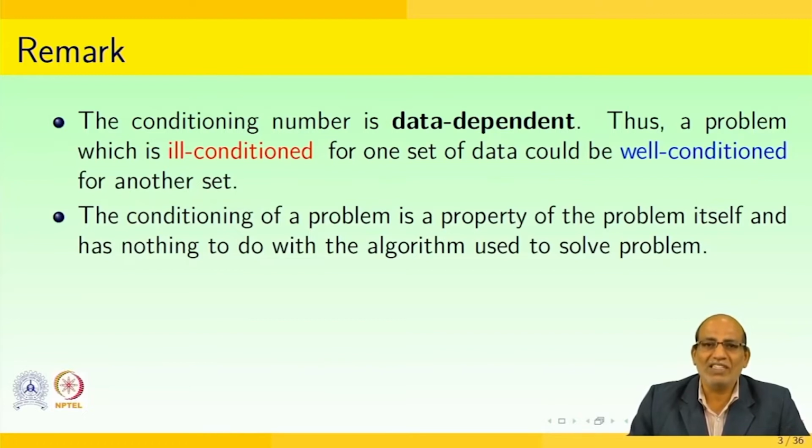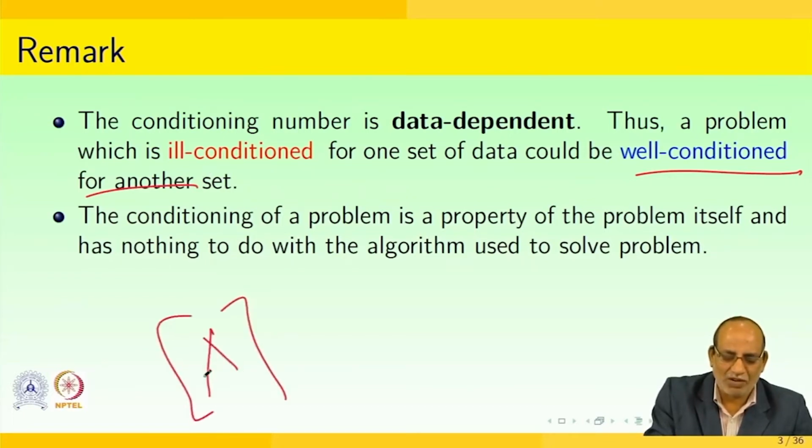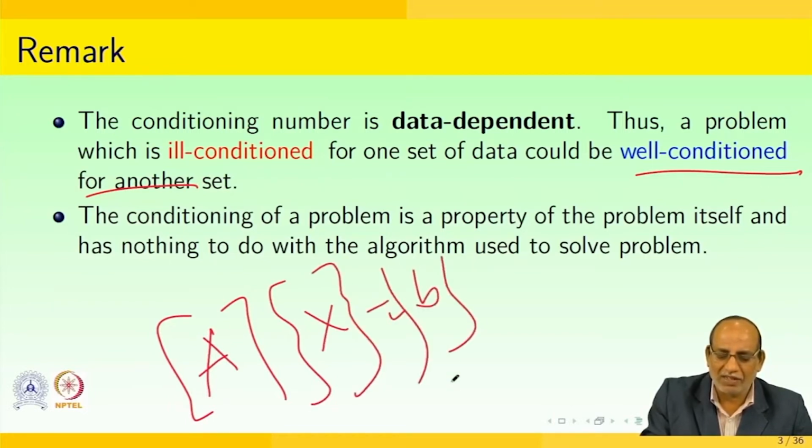Thus, a problem which is ill-conditioned for one set of data could be well-conditioned for another set of data. Very interesting here. For example, I have some matrix system: this is the coefficient matrix, this is the unknown vector, and let's say this is the right side vector.